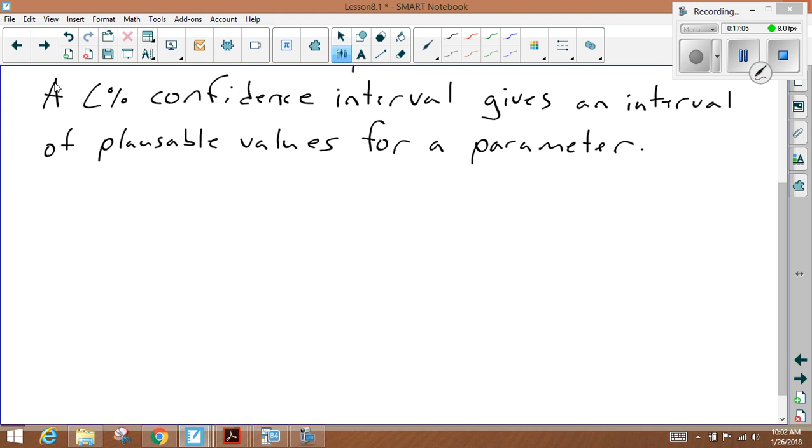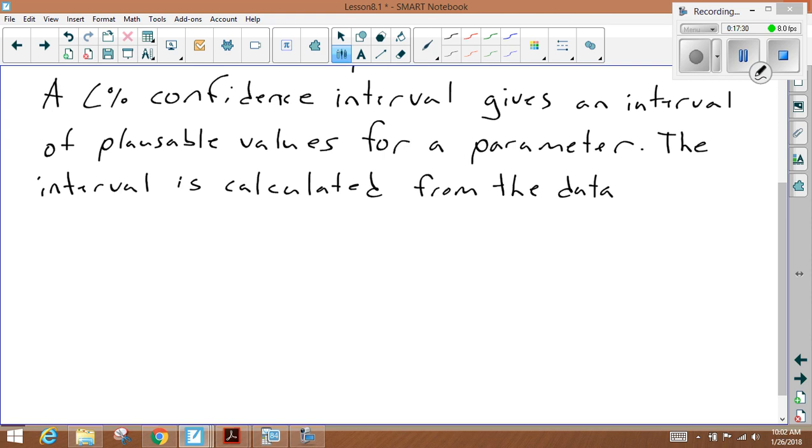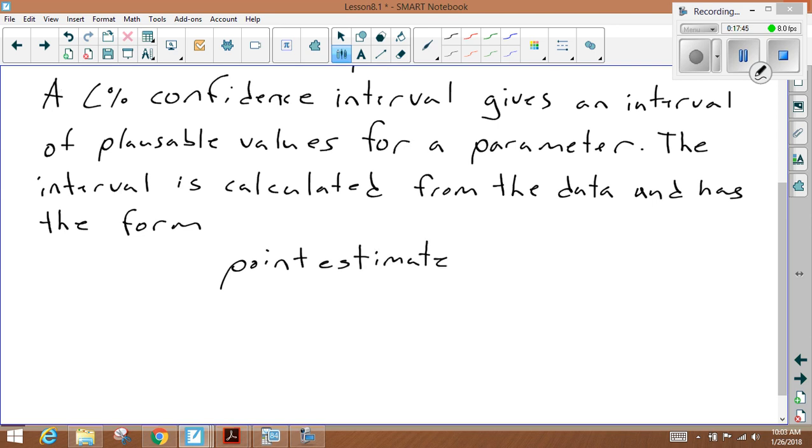The interval is calculated from the data, and it's going to have the form point estimate plus or minus our margin of error.